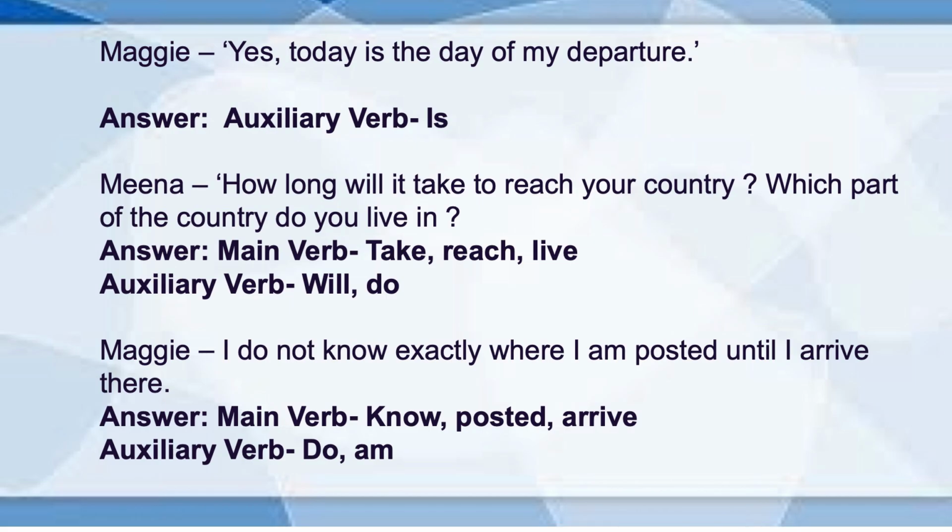Auxiliary verb, we had mentioned in the earlier segment, is a helping verb. It is an indicative verb, while the main verb almost is an action verb. Okay? So, in this particular sentence, the main verb is take, reach and live and the auxiliary verb is will and do.